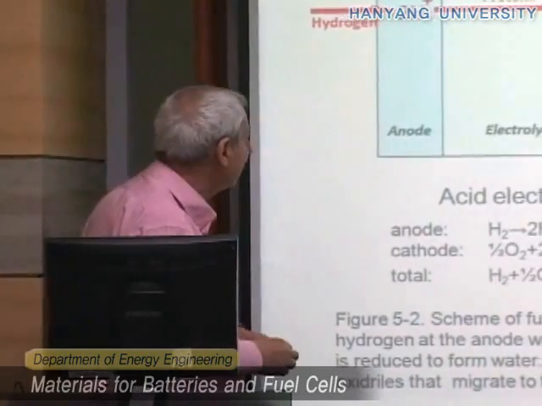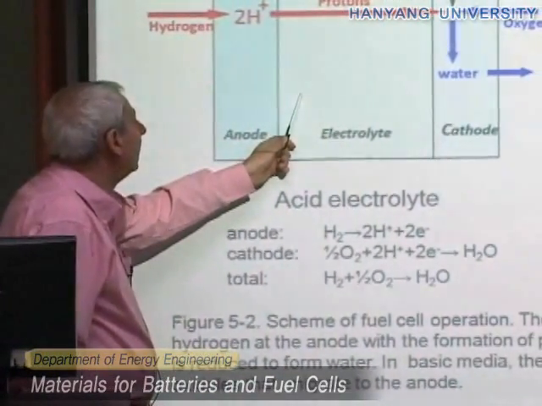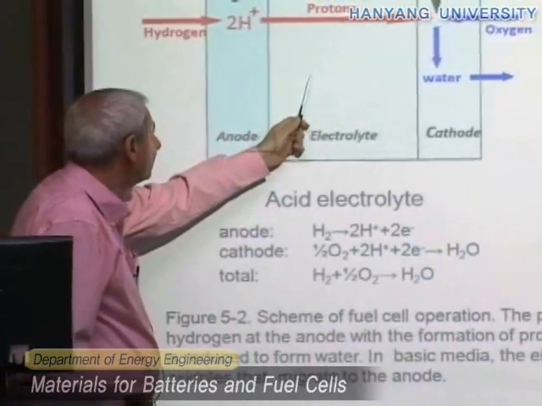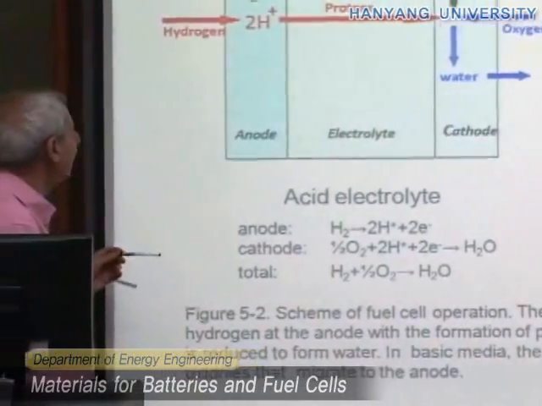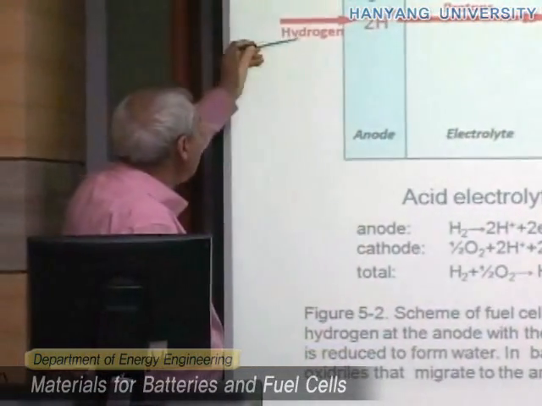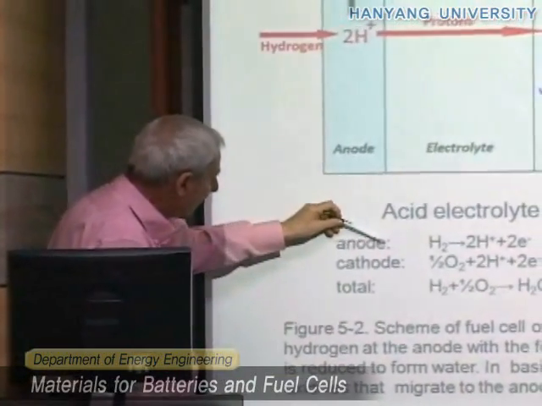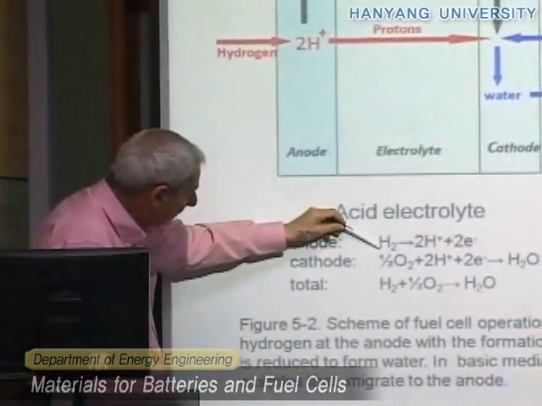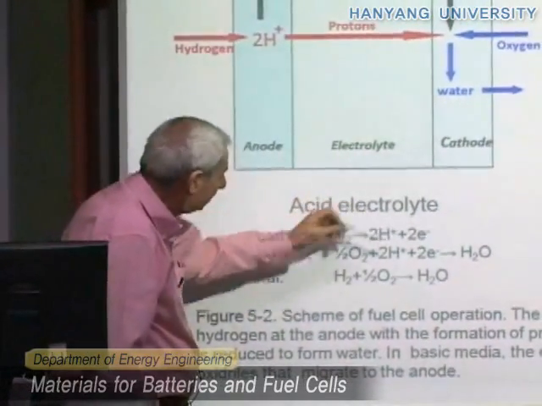Suppose that this electrolyte is acid, so of course we will have some H+ here. So what will happen here? That hydrogen will arrive at this negative electrode, and it goes through this reaction. You see, hydrogen goes to 2H+ plus 2 electrons.